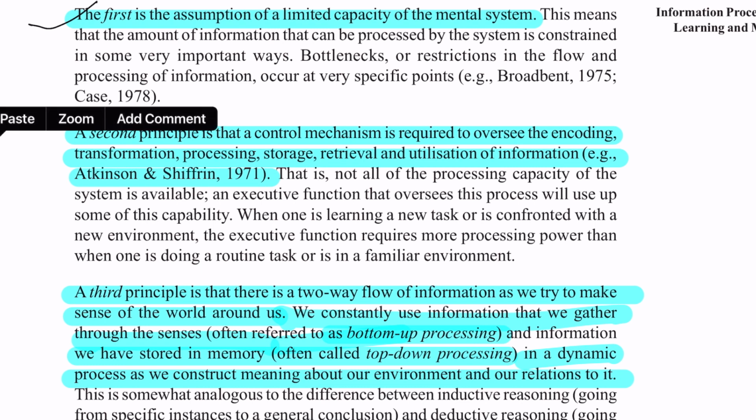So there must be some system that monitors all these things, a control mechanism. So that is the second assumption.